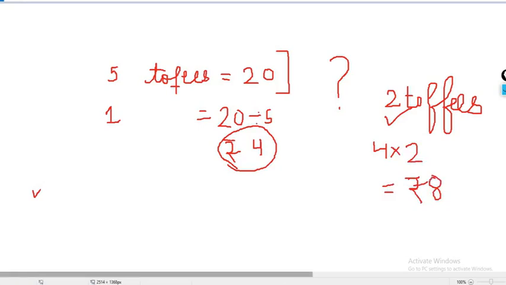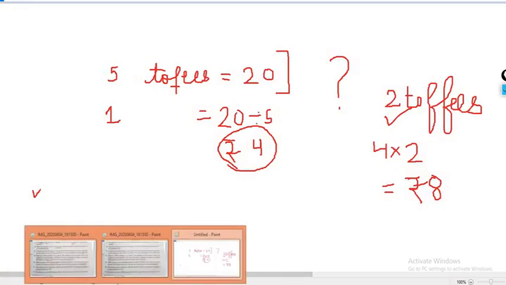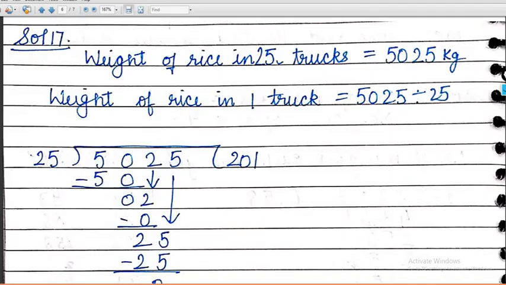Okay, like in this question only, what do you have to do? First of all, you will find the information of 1 truck and whatever comes, you will multiply it by 16. So this is like a mixed problem. First divide, then multiply. So I'm going to show you the solution also so that you can see.